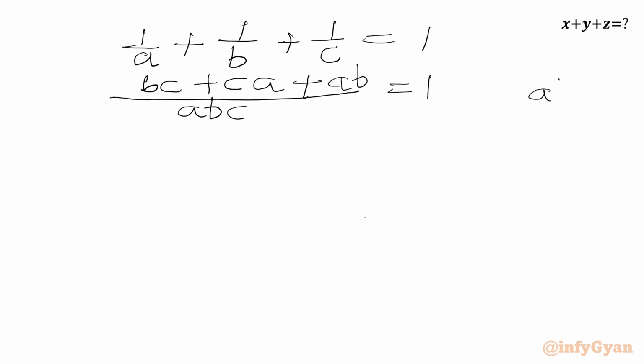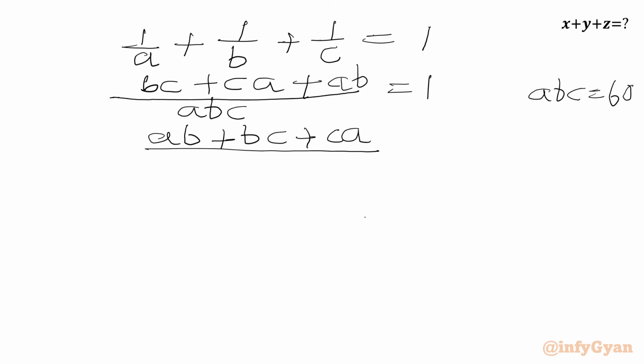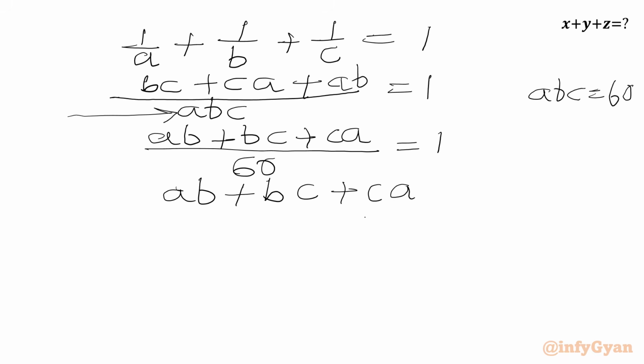Now we know that ABC is 60. So I can write here AB plus BC plus CA in the numerator. Denominator is 60. So we'll write here 60 equal to 1. So from this equation I will write AB plus BC plus CA will be equal to 60.